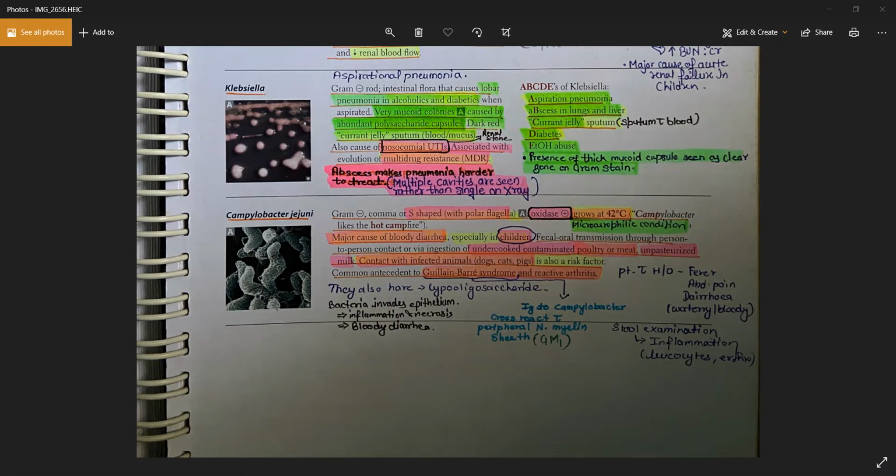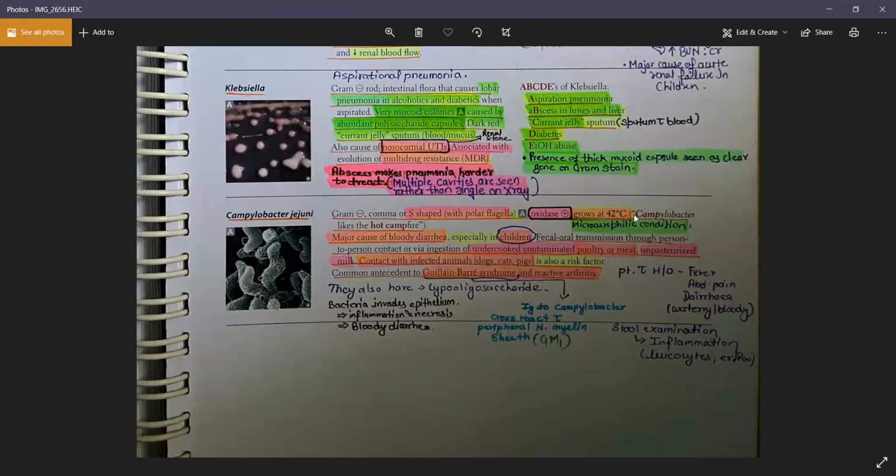Okay, and then you need to know how to identify these organisms. You need to know that they have this polar flagellum, which is a flagellum on one side of the bacteria, and they are curved gram-negative rods, very important, curved gram-negative rods having a polar flagellum. One of the very characteristic features of these organisms is they grow at 42 degrees centigrade temperature. Very important.